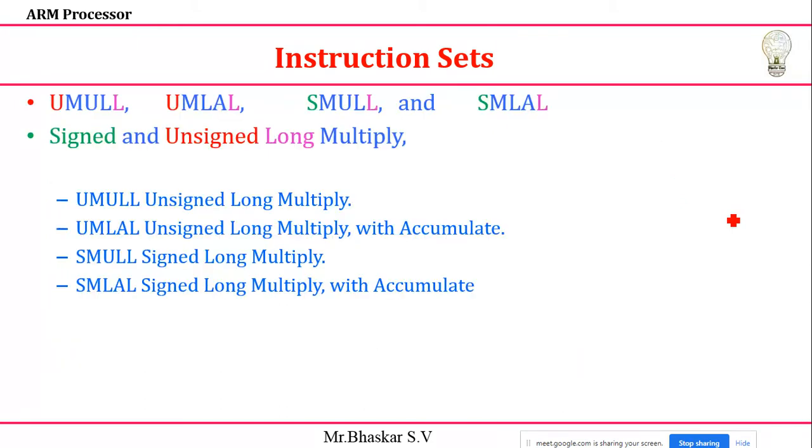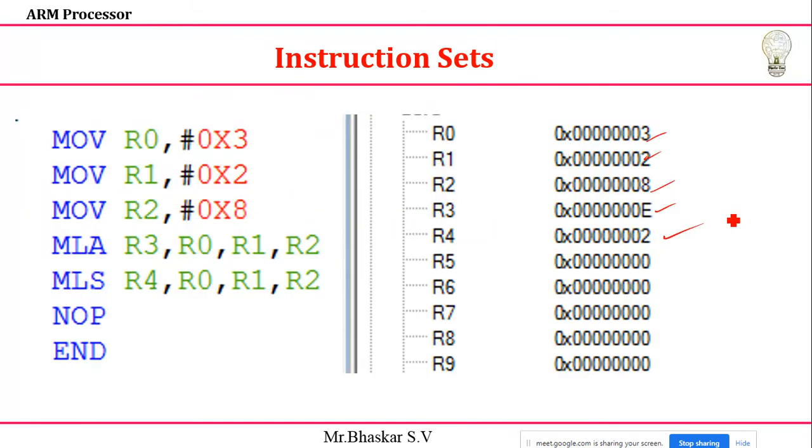Okay. Next, until now, the instructions we discussed are only for 32-bit results. Maximum it will store a 32-bit result. Suppose during multiplication I definitely get a result of more than 32 bits. If I want to store a 64-bit or 128-bit result, how do I do that operation?